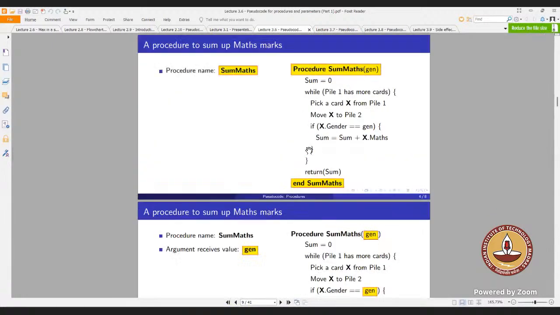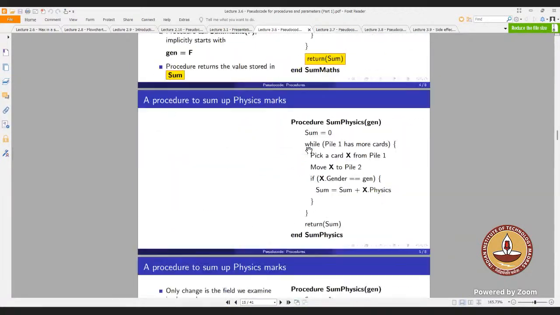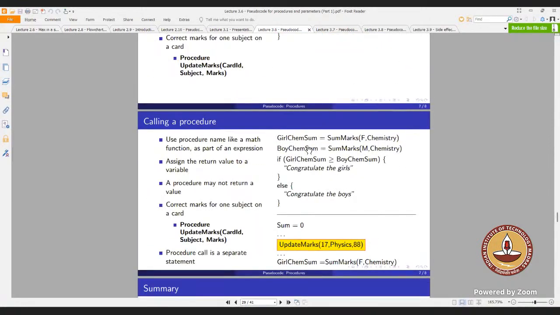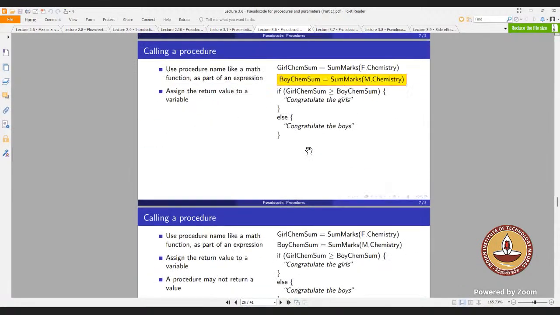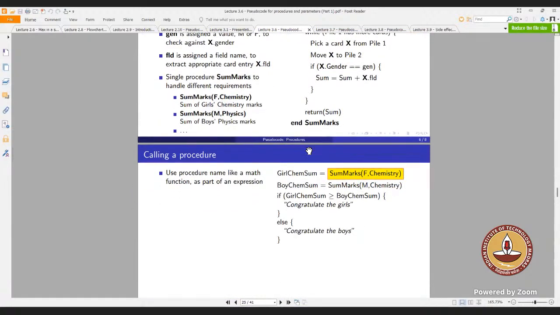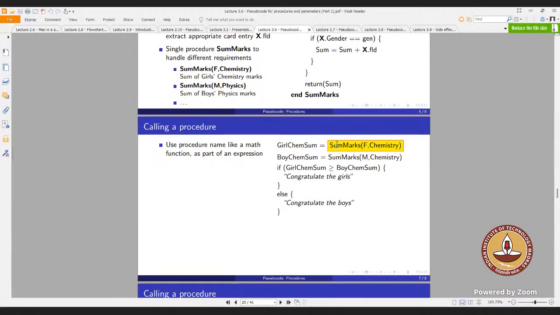If you look at the program where he's actually calling it, in this scenario he's calling this particular procedure sum marks F and chemistry. So he's passing the field as female and the second one is chemistry, right?